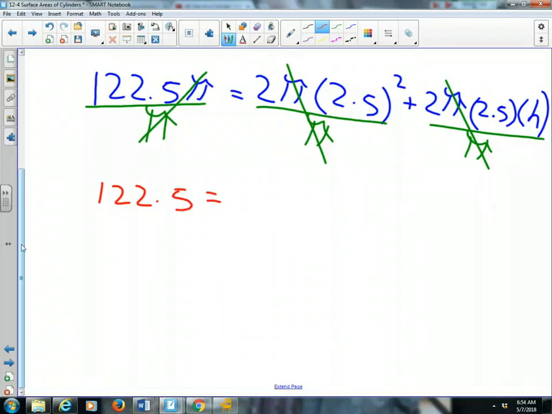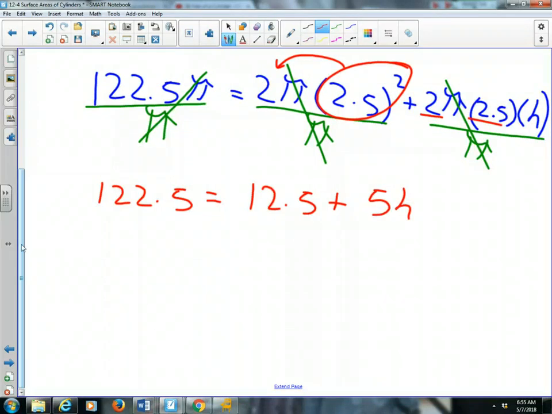That equals, if you square 2.5 and then multiply it by 2, so it's 2.5 times 2.5 times 2, you get the number 12.5, plus 2 times 2.5 is 5 times h is 5h. So 122.5 equals 12.5 plus 5h. So let's solve for h.